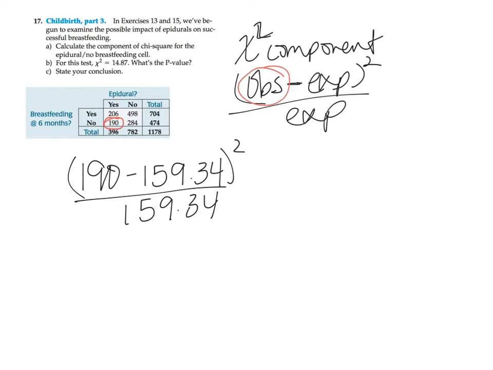So 190 minus 159.34, I get 30.66 divided by 159.34. I have to square the 30.66.